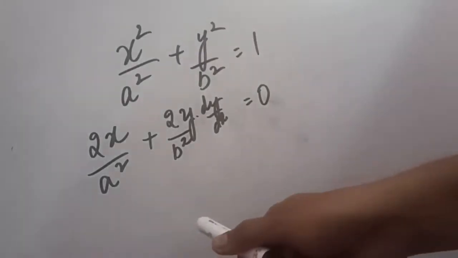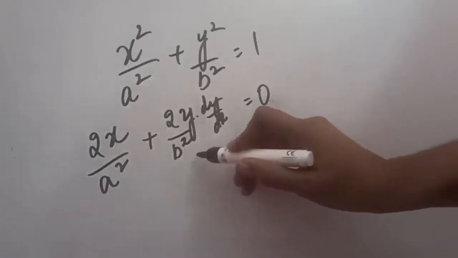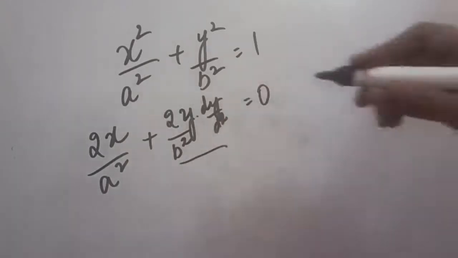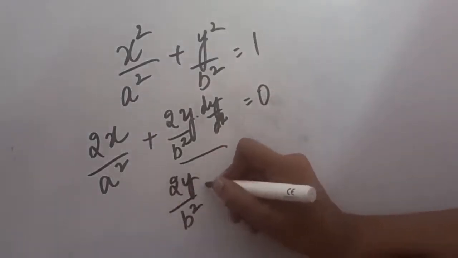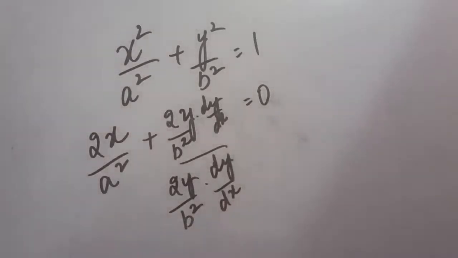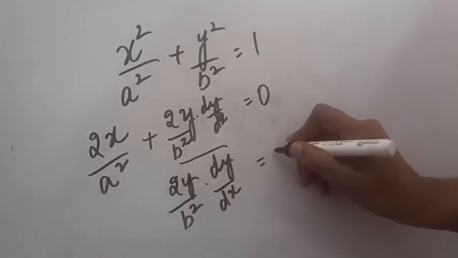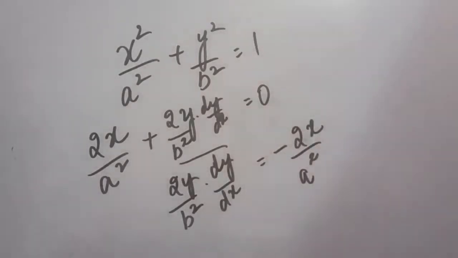Now, because we have to reach the conclusion of dy upon dx, we will keep this only on the left hand side. 2y upon b square into dy upon dx is equal to minus 2x upon a square.